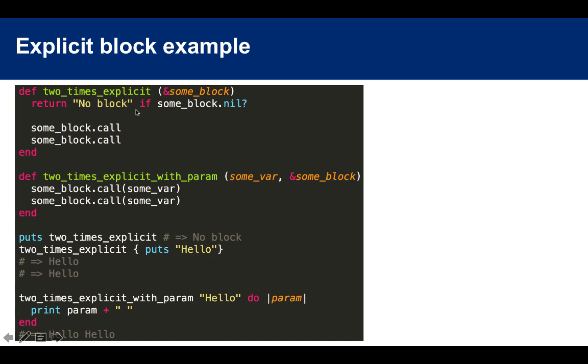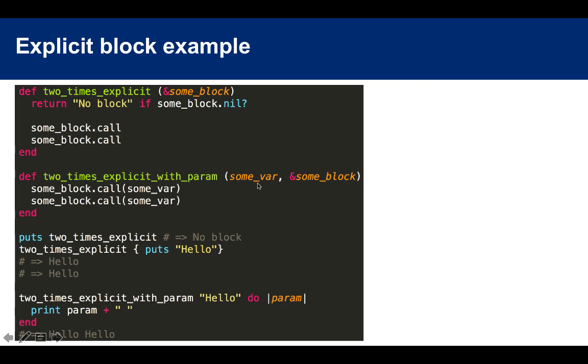You could say return "no block" if some_block, this parameter here, is nil. But otherwise, stay inside the method, don't return, and then call this block 2 times, right? You're doing some_block.call and some_block.call. You're trying to execute, in this particular case, the block 2 times. Now, you could also have parameters, but again, those parameters would have to go before you pass the block in.